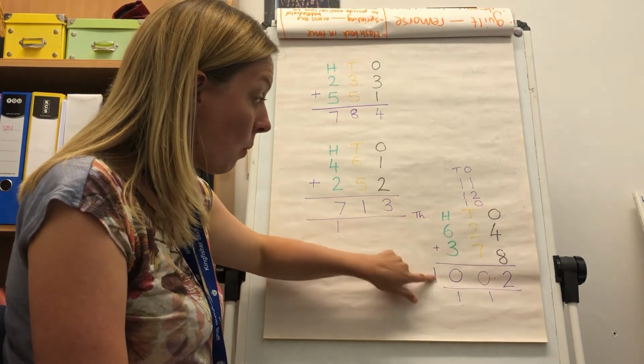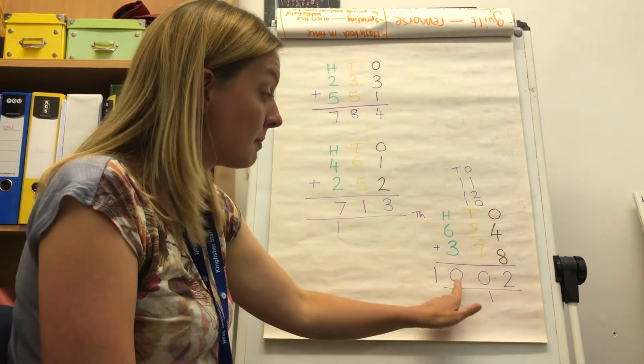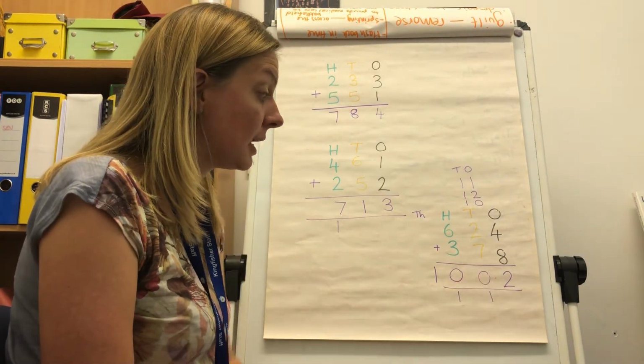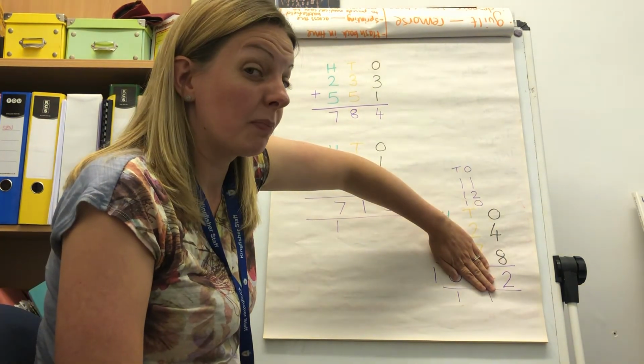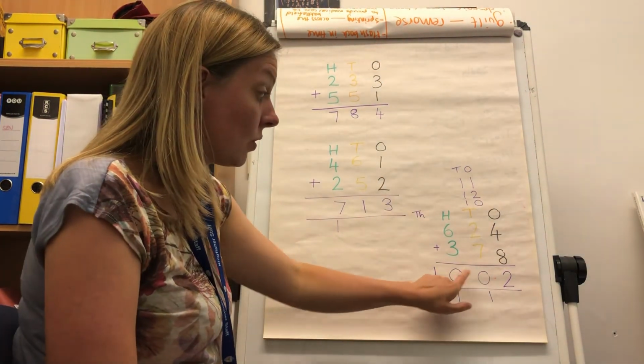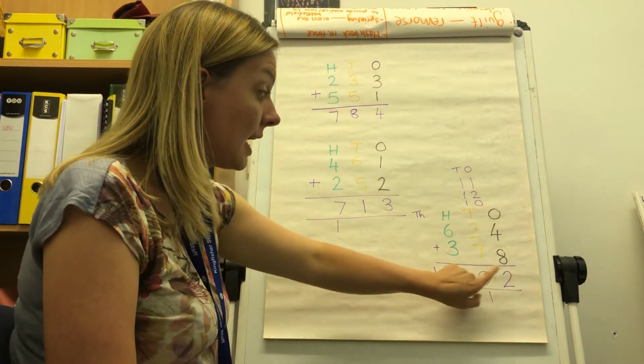So we would say 1,002. Remember, these zeros are important placeholders, because if I didn't have them, the answer would be 12, and that's not the right answer. So we've got to remember about these zeros, they're very important. So my answer is 1,002.